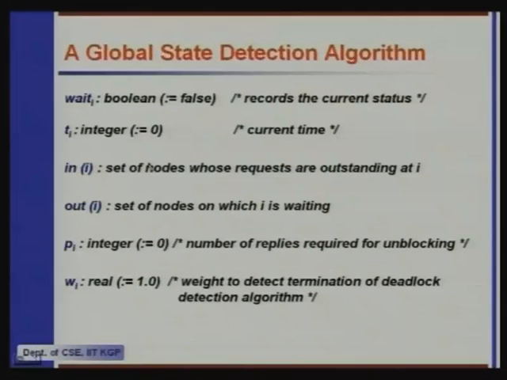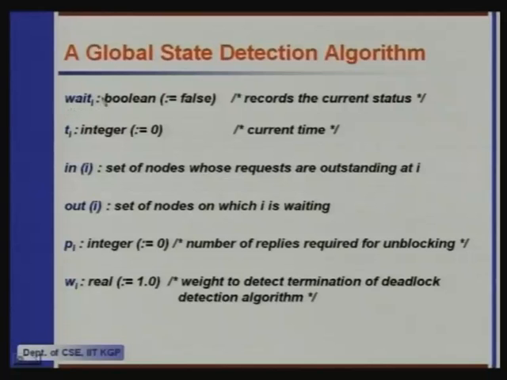We will have the deadlock detection algorithm sitting on top of this to detect whether a deadlock is happening, by taking a global snapshot and seeing whether there is a deadlock. So first we will look at the model. This is not the real algorithm; this is the protocol for accessing the resources.